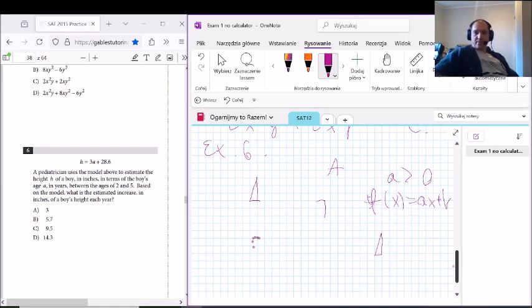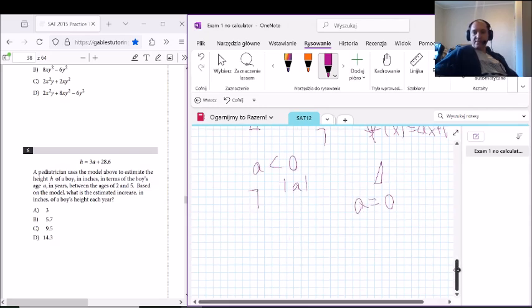If a is smaller than 0, then it decreases by the absolute value of a. For example, if it's minus 2, then the function will decrease by 2. And if a is 0, then the function is constant and it doesn't change at all, however you change your argument. So here, answer A.